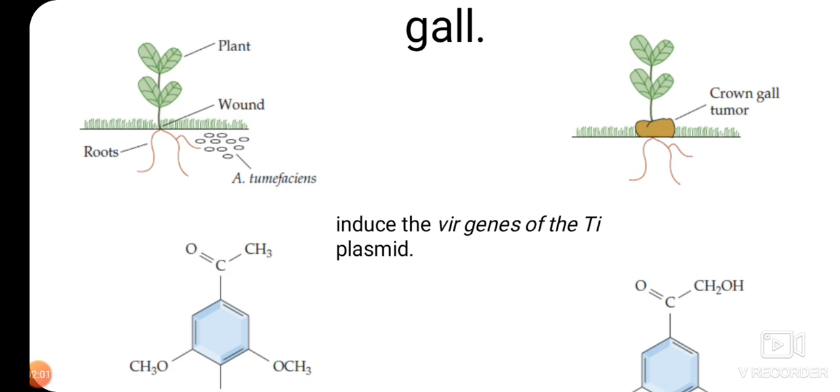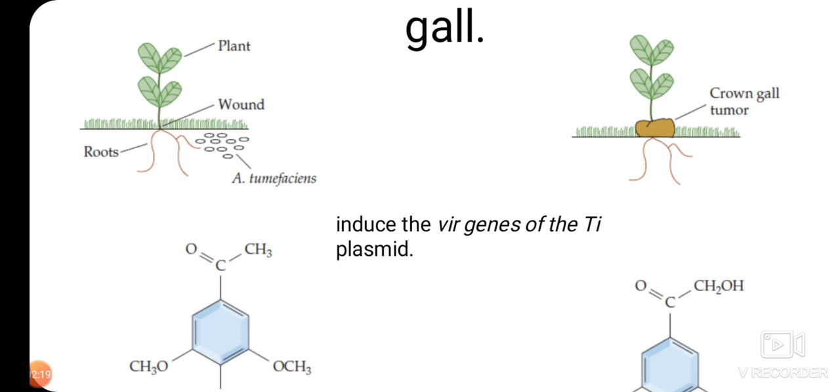This crown gall tumor is seen in plants which have been infected with Agrobacterium, and particularly the gall is seen in the plant stem just above the ground level.